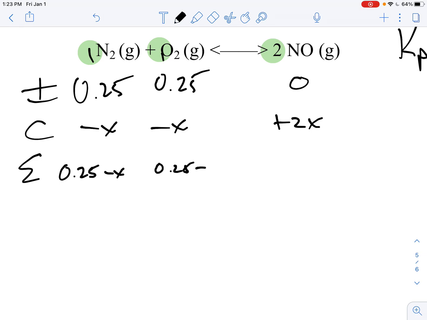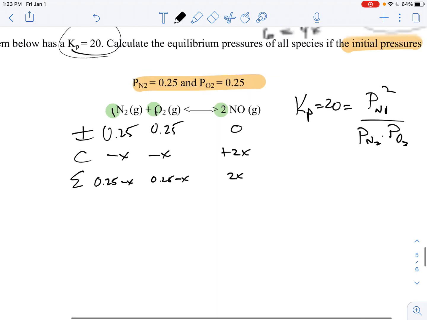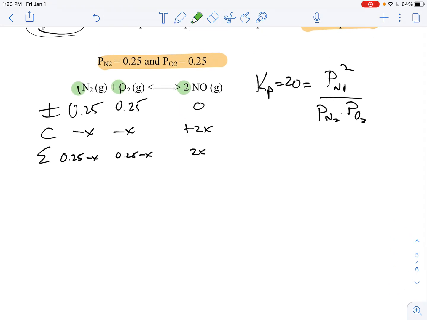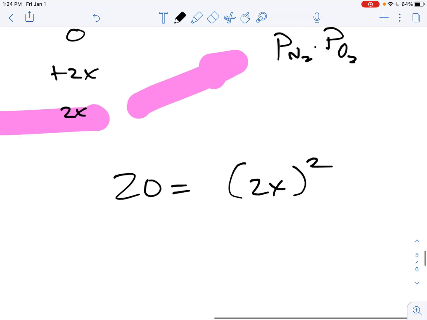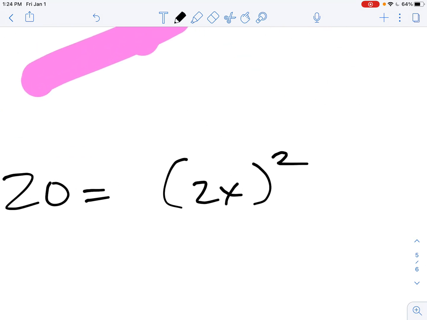All right, so then what do I have? I have 0.25 minus x and 0.25 minus x, and then I have 2x. So now what do I do? I take my equilibrium numbers, and I plug them into my equation here. So I now have 20 is equal to (2x) quantity squared. And please note that there is a difference between (2x) quantity squared and 2x squared.